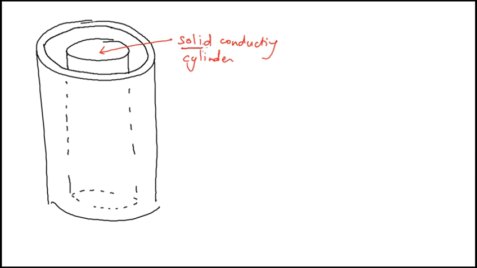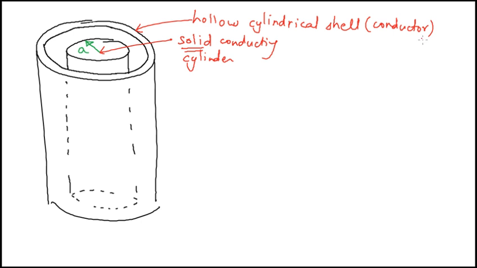It could be hollow, of course, it need not be solid, it doesn't really matter, and this radius is given to be A. Similarly, this thing which you see on the outside is a hollow cylindrical shell, which of course is also a conductor, and the inner radius of that particular shell we are going to assume is B, and finally the length of the capacitor is equal to L.